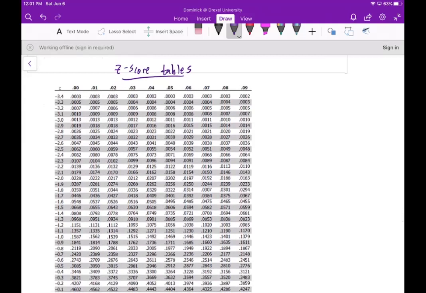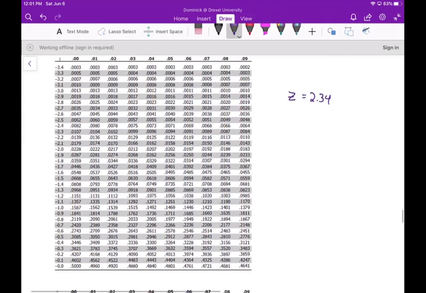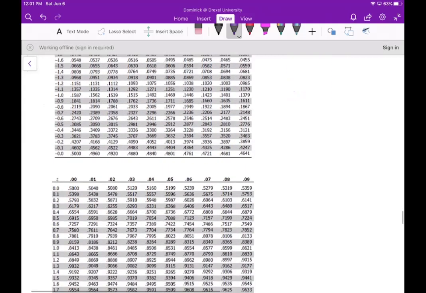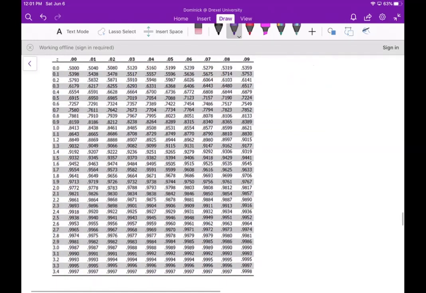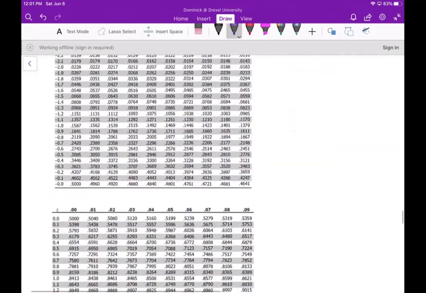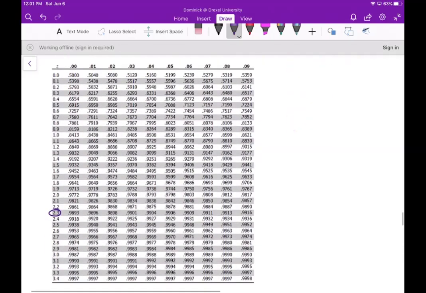So for example, if you find a z-score of, let's say, 2.34. Well, then what you do is you find on the left-hand column the z-score that starts with 2.3. So that would be here. And then we want the second digit to be 4. So that would be this column. So where do they line up?